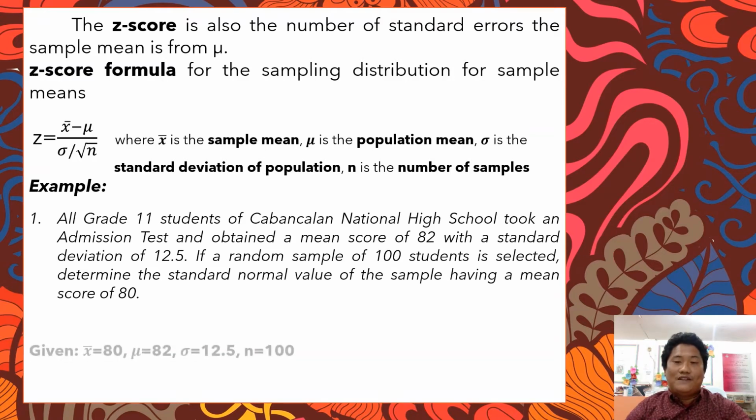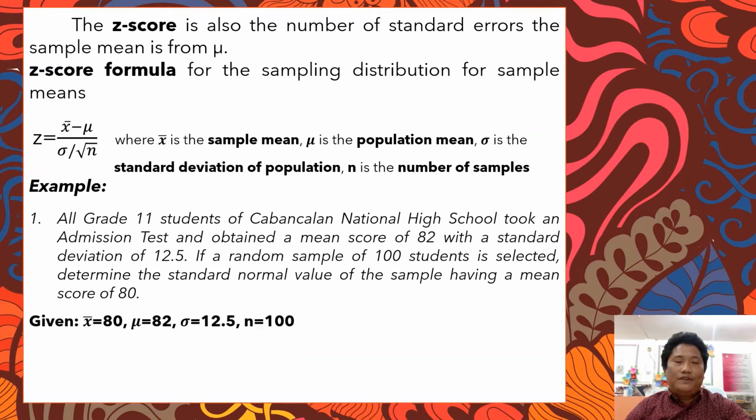So let's start with the given. Our sample mean is 80, our population mean is 82, and our population standard deviation is 12.5. And our sample size is 100 because there are 100 students selected.